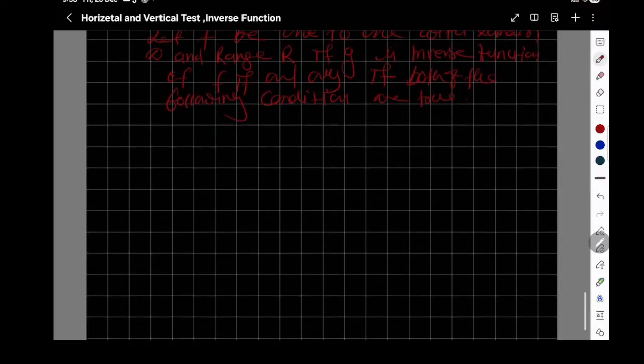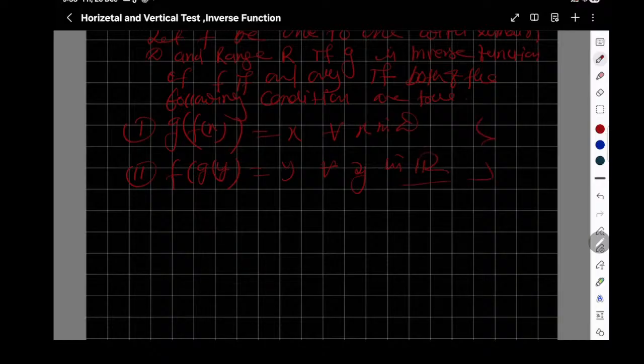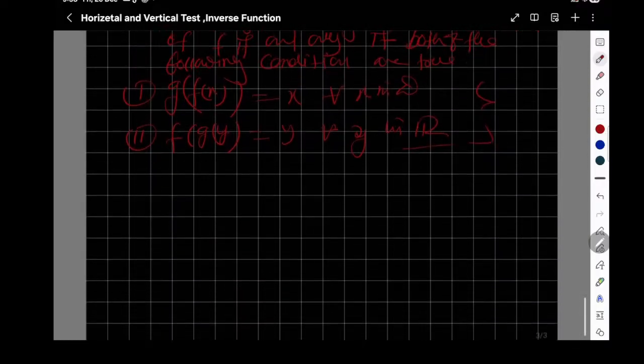First, g of f of x is equal to x for every x in D. Second, f of g of y is equal to y for every y in R. Then the inverse function exists and is defined.